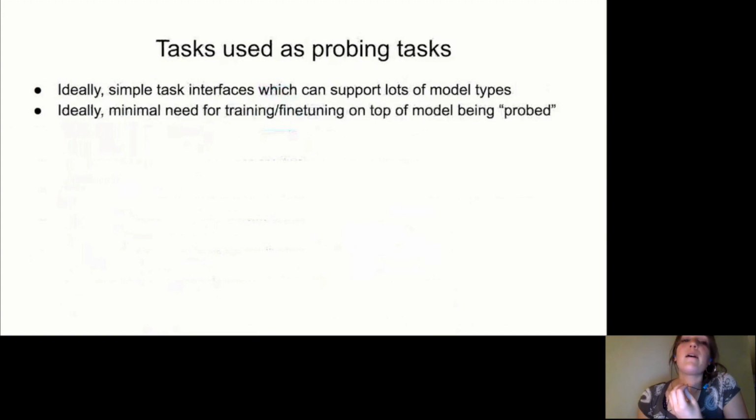So there's some preference for models which can be run on the probing task after as little additional training or interference as possible. And that's been implemented with varying degrees of success.